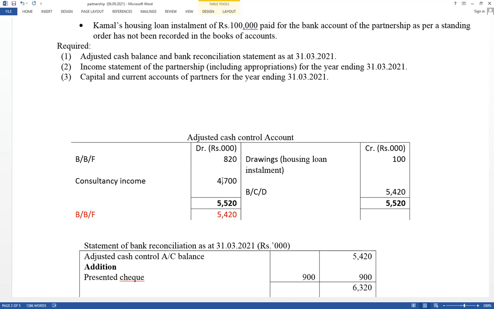The debtor list balance and creditor list balance should not be recorded in the financial statement.